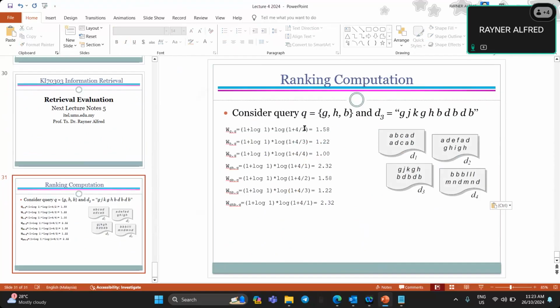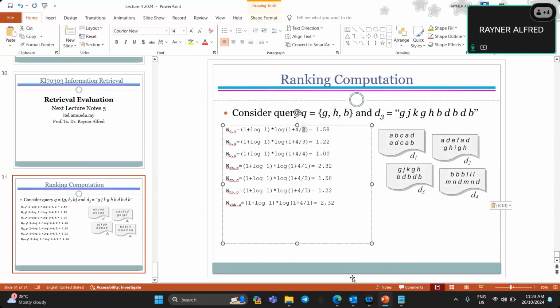So here, how many? G exists in two documents, right? And then H, two. Right?